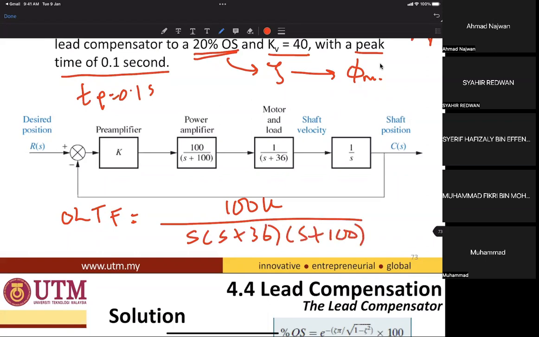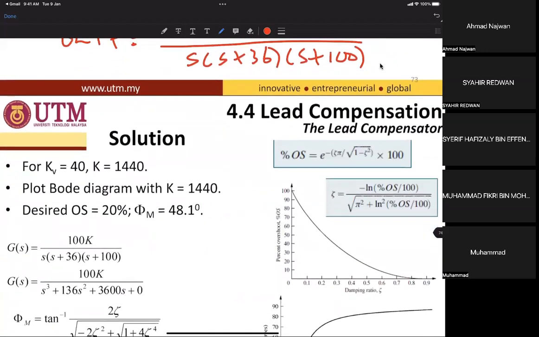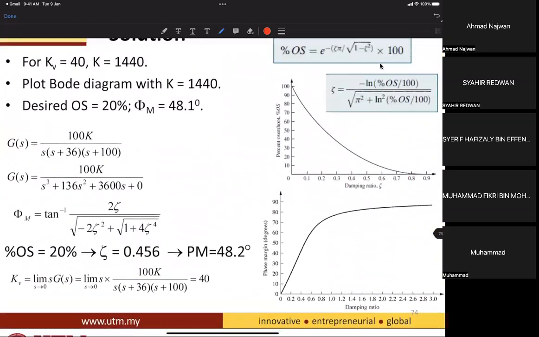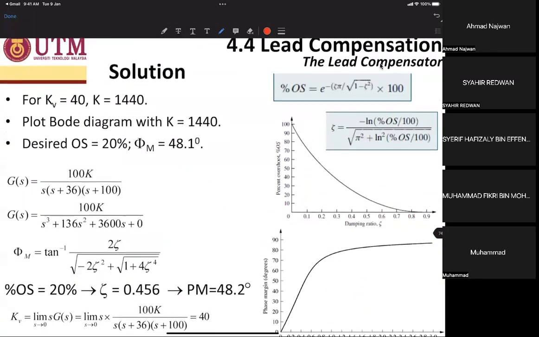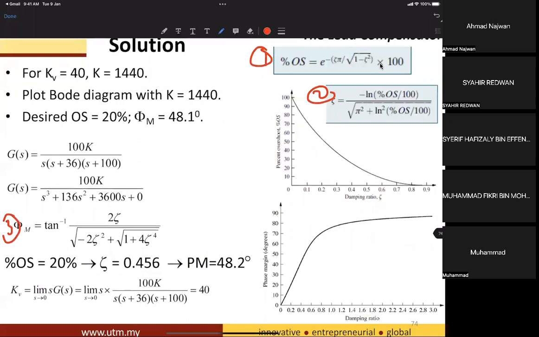Okay, thank you. And again, you will use a formula. We have three formulas here, but if I were you, I would not use the formula. I would use the graph.